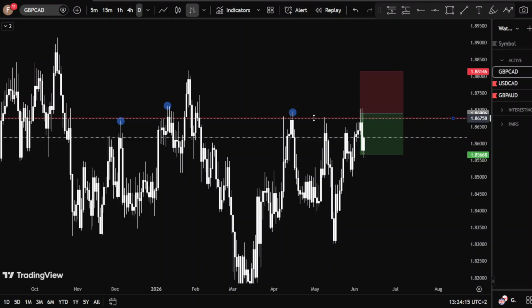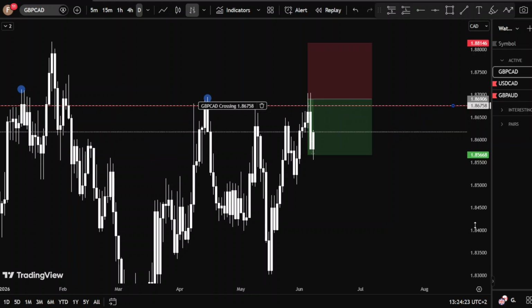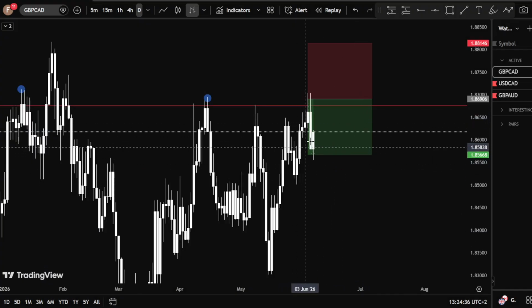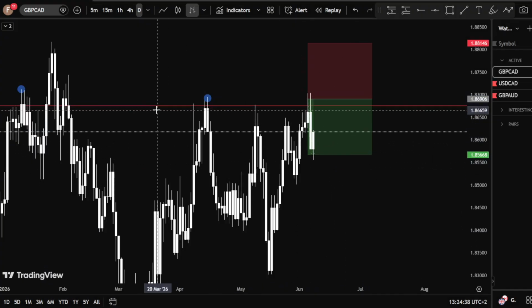So I put an alert here, and this I did last week, so that when price came into it on Thursday, it hit the red line and my alert. My alert is connected to my phone. The only thing I did was go to the chart and look. Okay, it's in the right place.